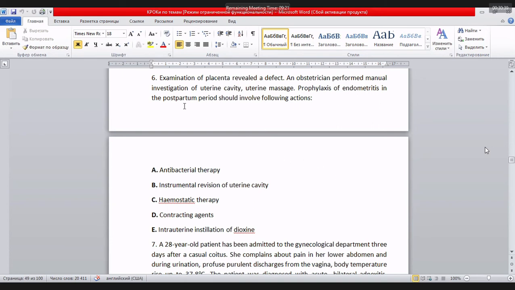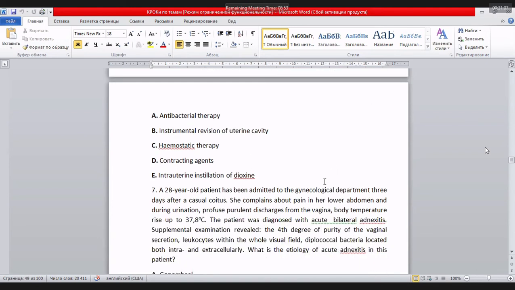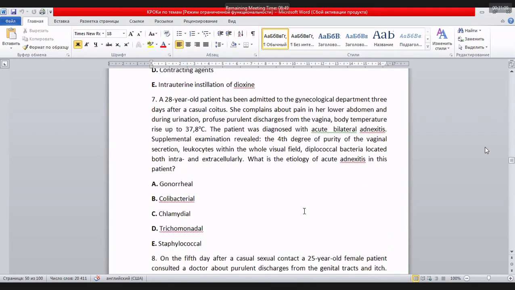Hemostatic therapy, there is no bleeding. Contracting agents also we use if there is bleeding. Dioxidine, usually we use during cesarean section. We introduce it after removal of the placenta, maybe possible introduction of dioxidine, but here no sense in this instillation.